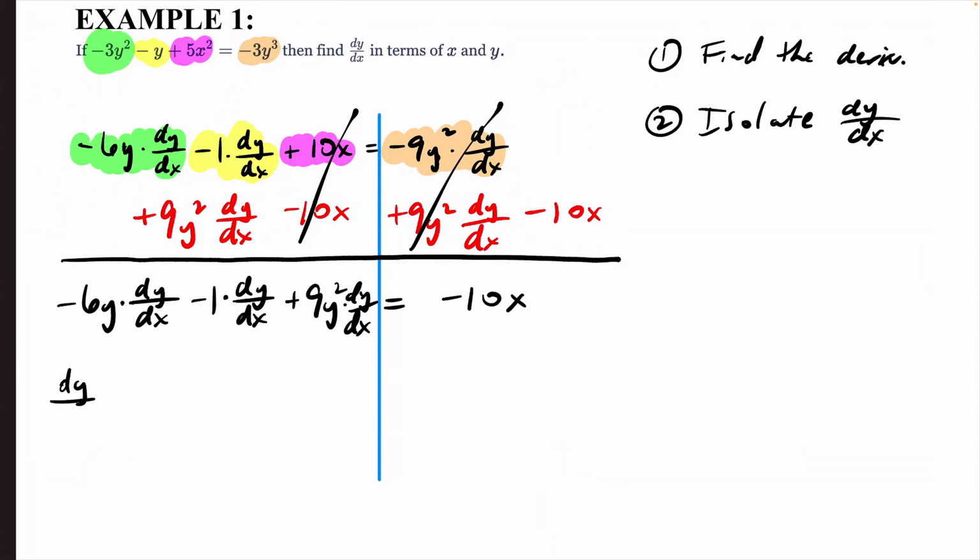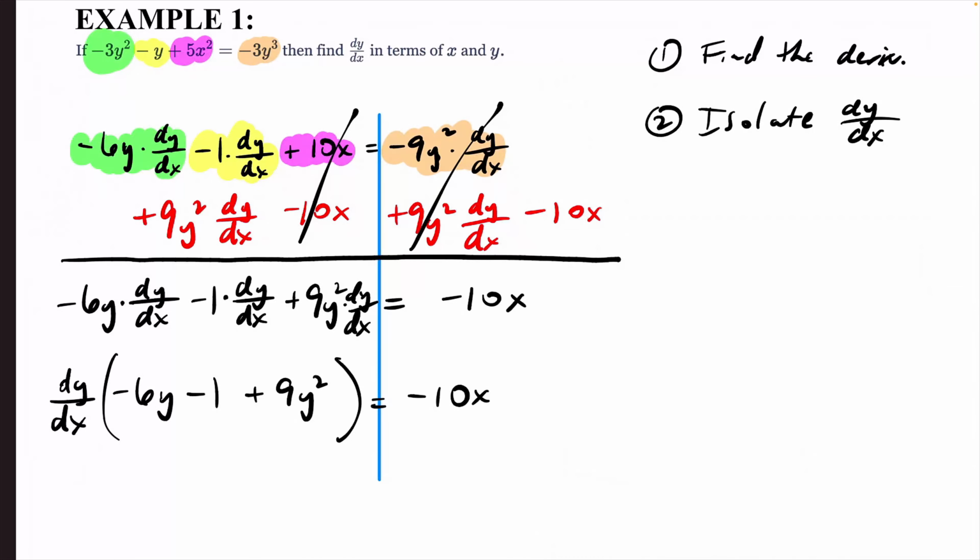So now there's no dy over dx with negative 6y, so now it's negative 6y minus 1 plus 9y squared, because I factored it out. If you want to give them back, just use the distributive property and you can give them back. But we want to isolate it.